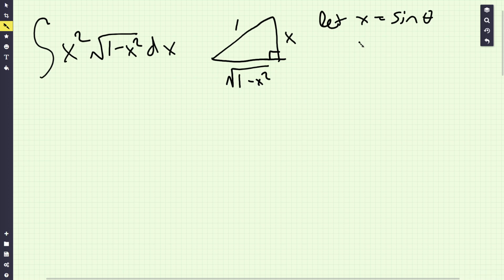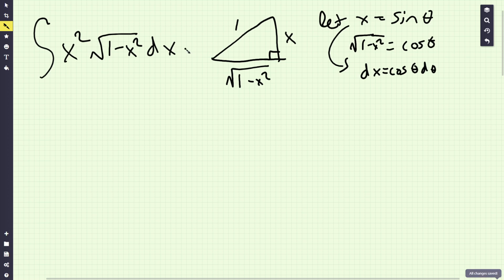So that would mean that the square root of 1 minus x squared is going to be cosine theta. Over here we can take the derivative, so dx equals cosine theta d theta. This is already isolated for dx, we can immediately plug this back in.